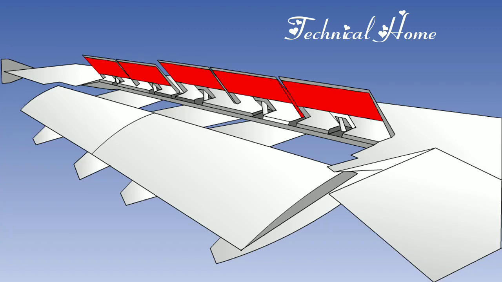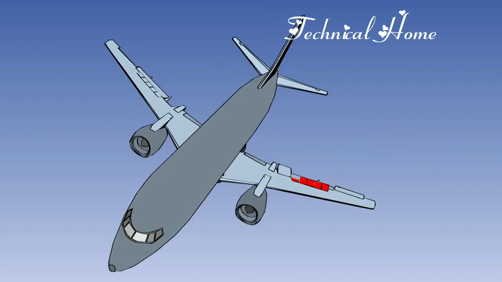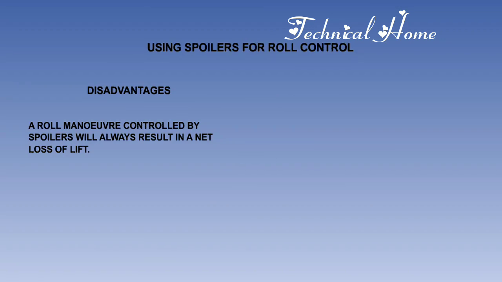Raising the spoiler panels will disturb the airflow over the wing and reduce the lift. When a roll is instigated, the spoiler panels on the downgoing wing will deploy, while those on the upgoing wing will remain stowed. Unlike the aileron, spoilers cannot increase lift, and so a roll maneuver controlled by spoilers will always result in a net loss of lift.